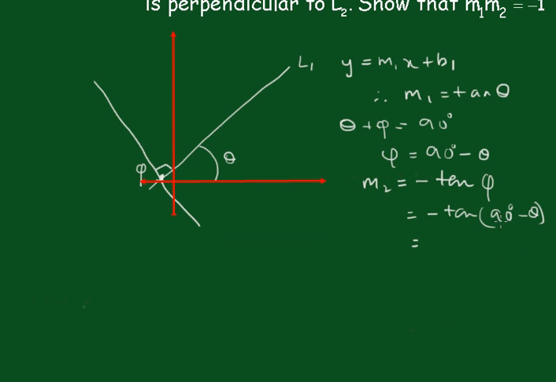Now the tan of 90 minus theta is cot theta. And of course cot theta is 1 over tan. So it's minus 1 over tan theta, which of course is minus 1 over m1. Therefore, m1 times m2 equals -1.